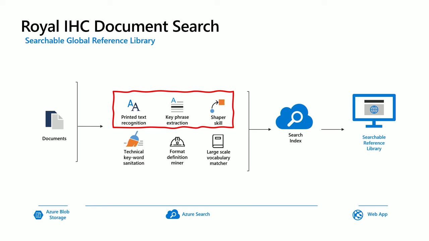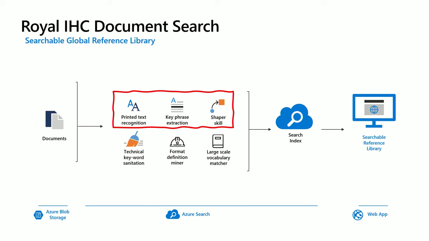It's got technical keyword sanitation, format definition minor, and this is about the technical terms. They're trying to look these technical terms up in their repository and make sure that they refer to them in the right way. They have dirty data, where sometimes they refer to it in one way, sometimes in a completely different way. Let's normalize all of this so that when you're looking for something, you're referring to it in a well-established format.